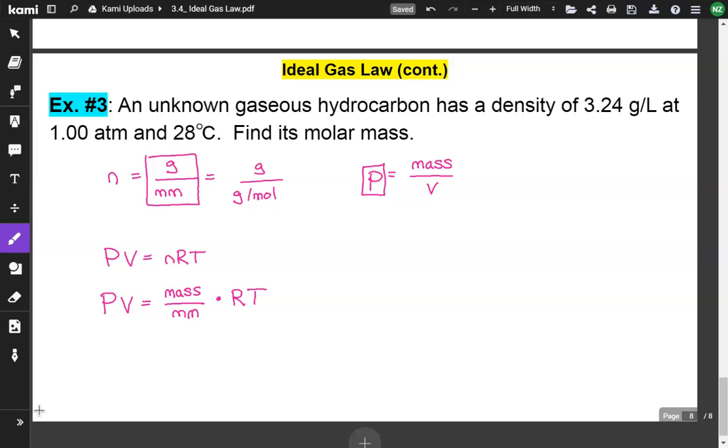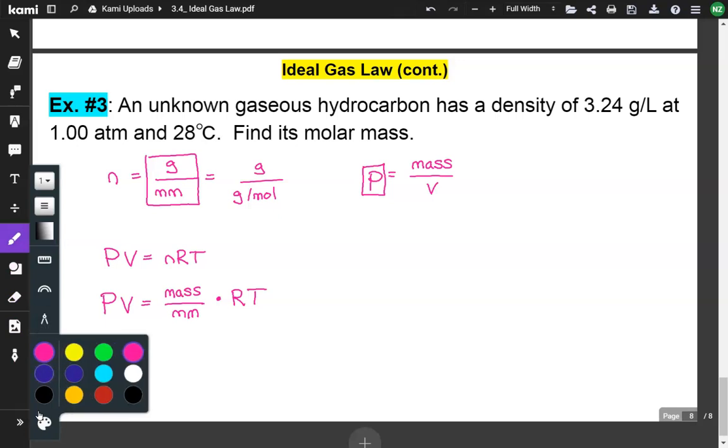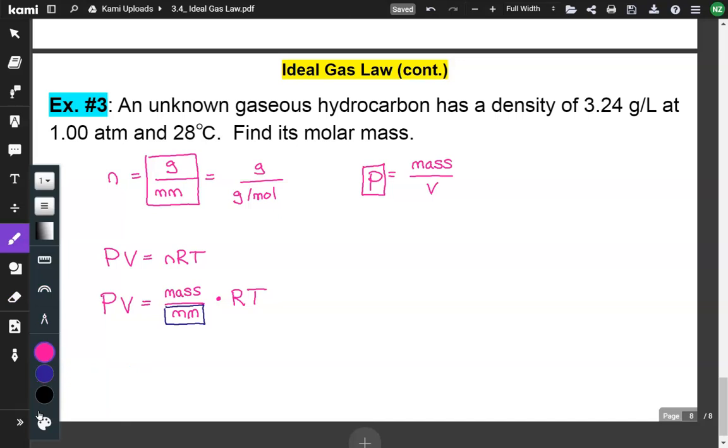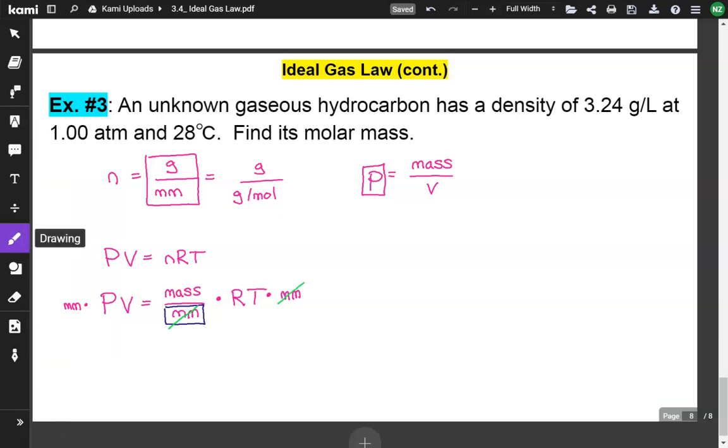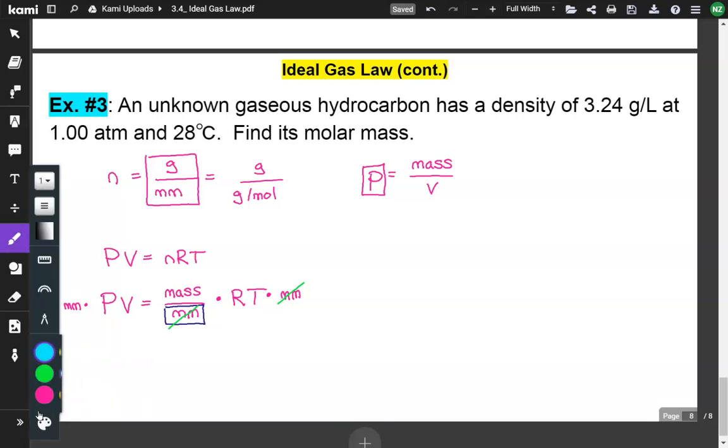Okay. Now, it's asking us to find molar mass. It's asking us to find this. So we have to be a little creative here with our math. So let's multiply both sides by molar mass. So if we do that, our molar mass will cancel here and here. And then at the same time, because we're crazy, let's divide the PV out so we get molar mass by itself.